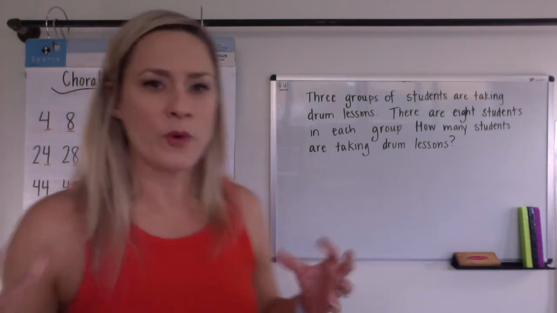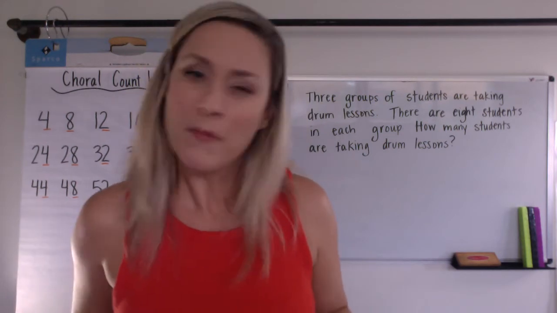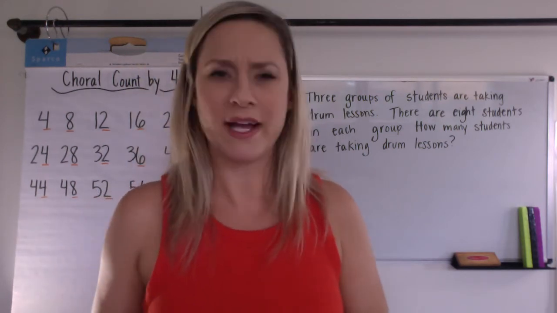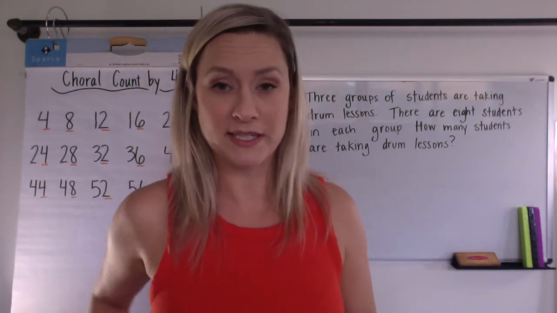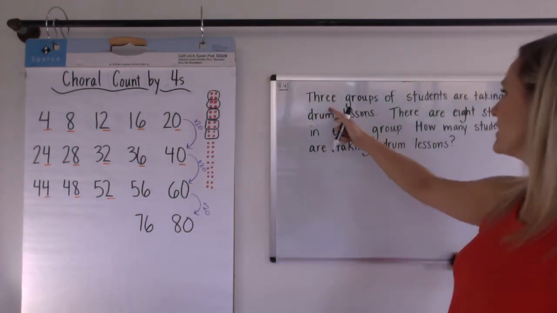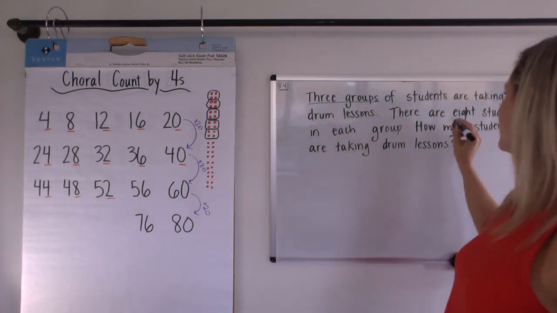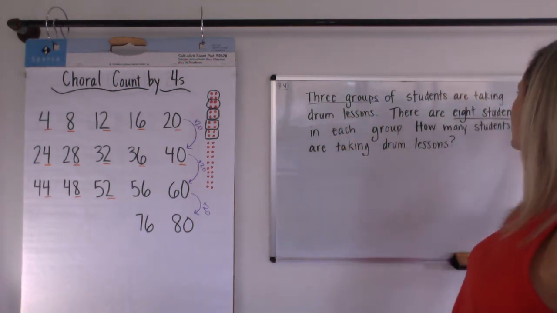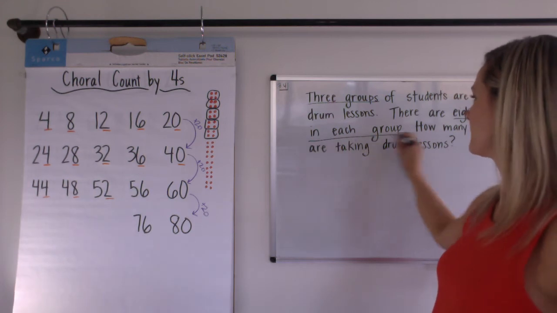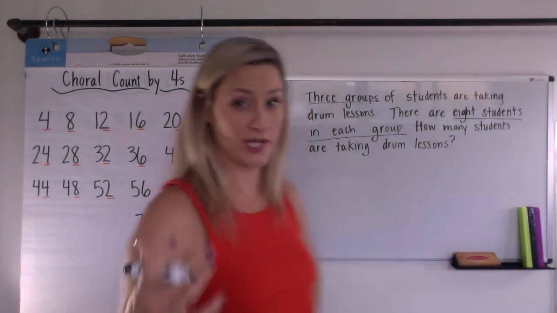All right, so one of the things that I love to do is model in mathematics. Modeling is basically like drawing my idea out or really helping myself see the idea that I'm thinking about. So 3 groups of students, and there are 8 students in each group. I'm going to draw 3 groups, and I'm going to put 8 in each group.